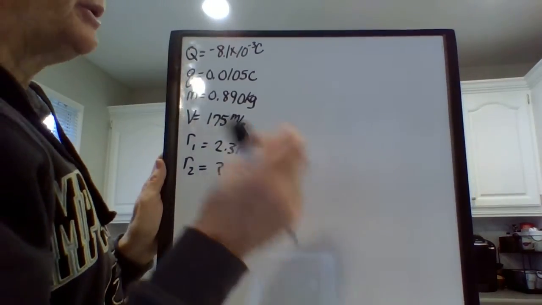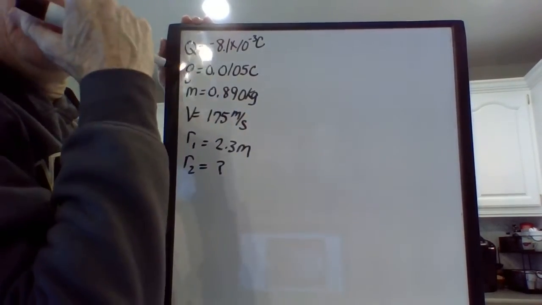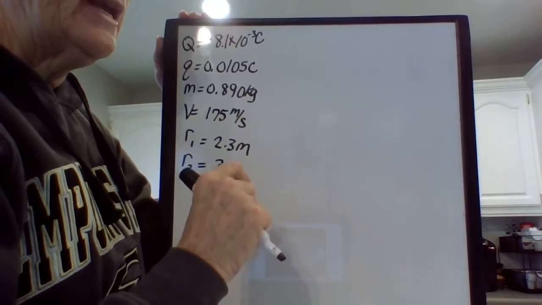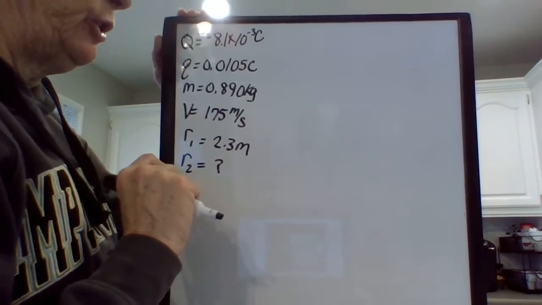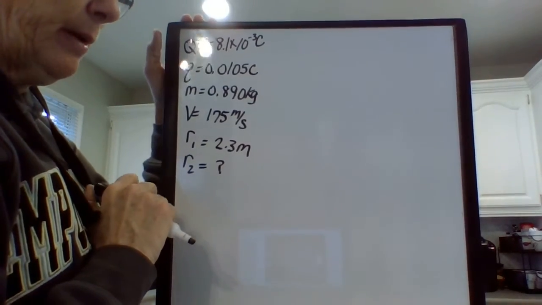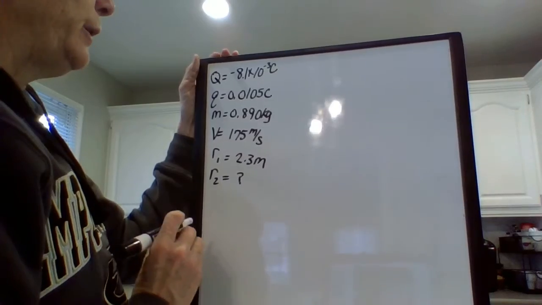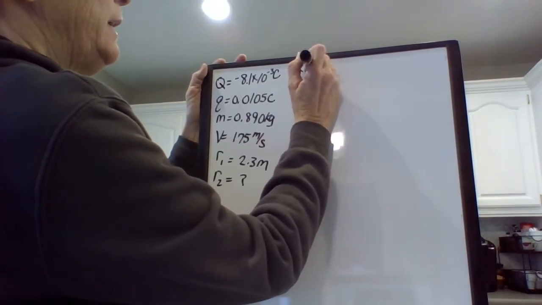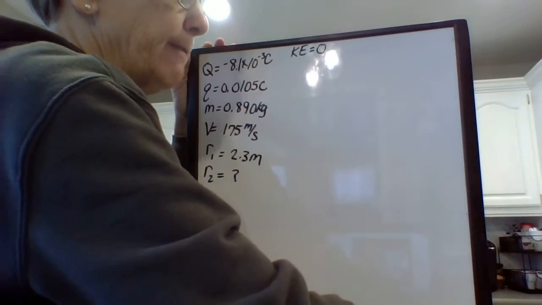So you know if an object is moving, it's got kinetic energy and potential energy. But once it stops, that means it's not moving, so all its energy is potential energy at that point. So keep that in mind as we solve this problem. We want to know the point where the kinetic energy equals 0. That means it would be all potential at that point.